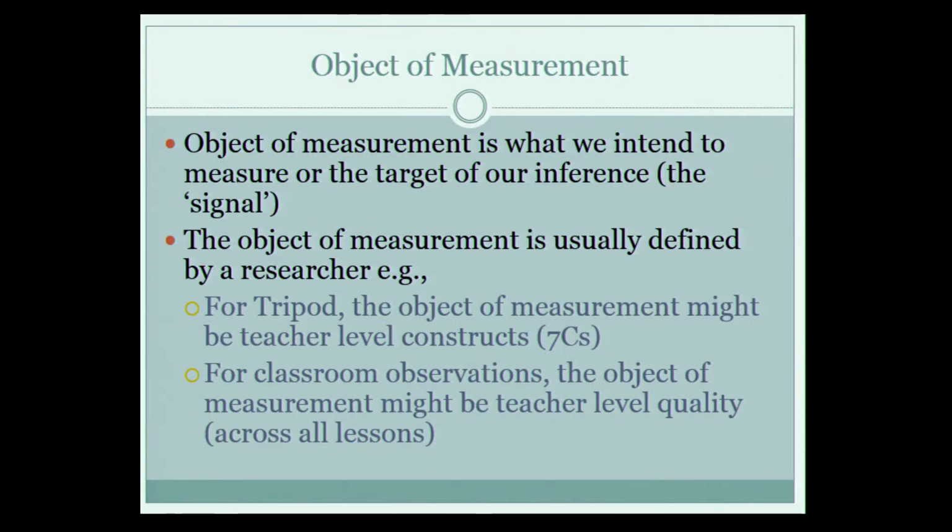And so the object of measurement is really dependent on your research question. If you're focused on student-level constructs, then the object of measurement is the student-level construct. If you're looking at the classroom-level construct, it's at the classroom level. And then all the other sources are contributing noise or error.